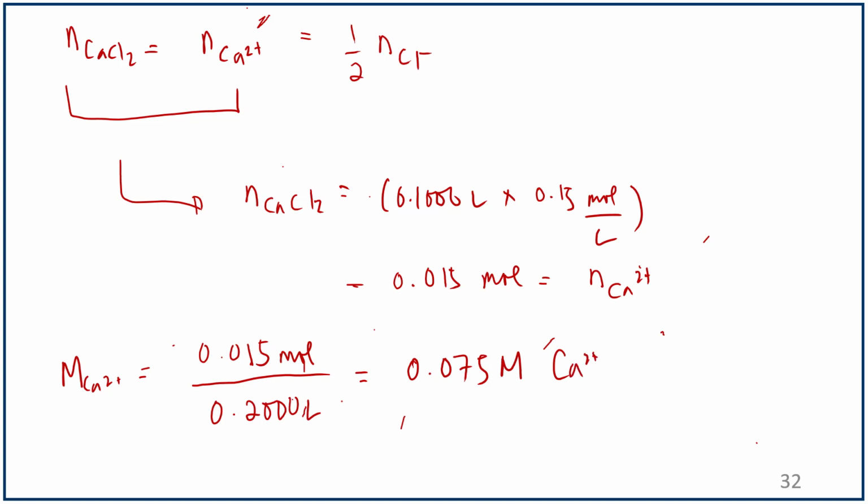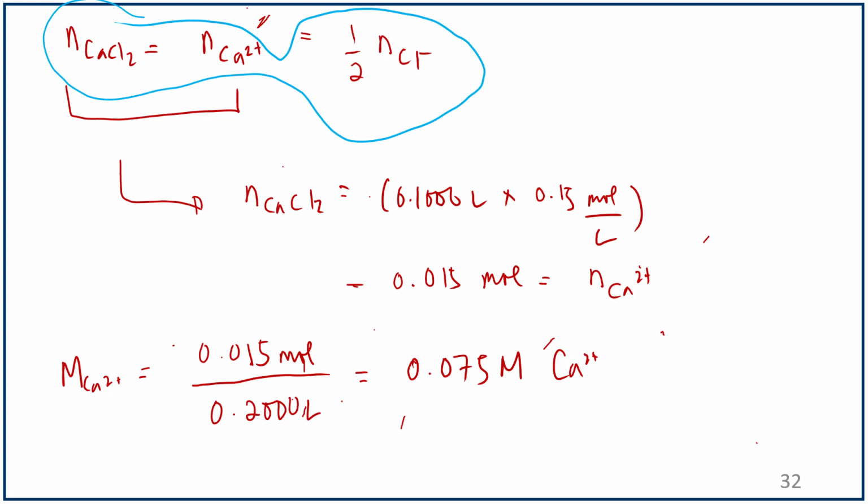Now let's turn our focus on this part of this equation. According to this one, the number of moles of calcium chloride is half the number of moles of chloride ions. Or another way to say this is the number of moles of chloride ions is equal to twice the number of moles of calcium chloride. And you're probably more familiar with this one than the other one here on the left.